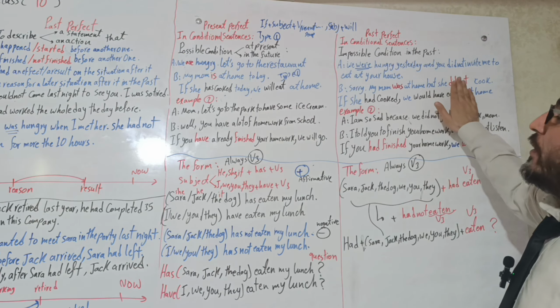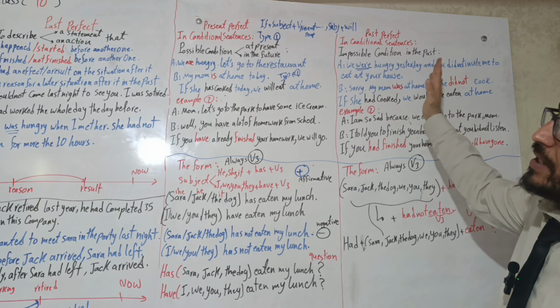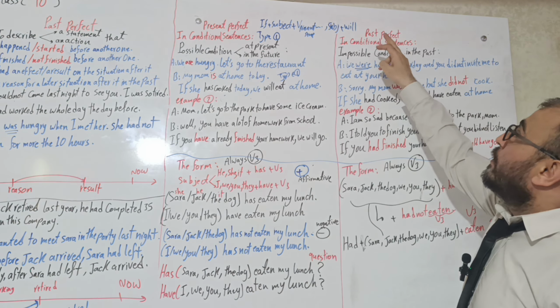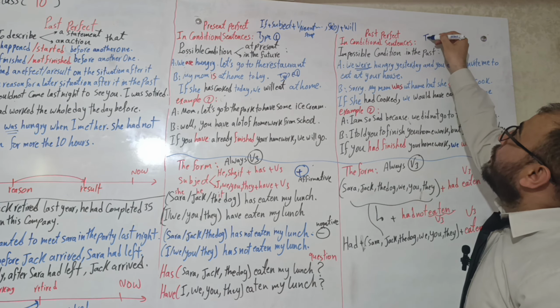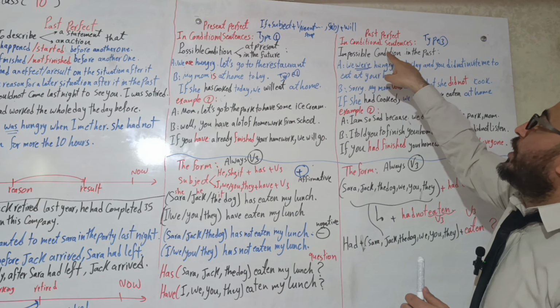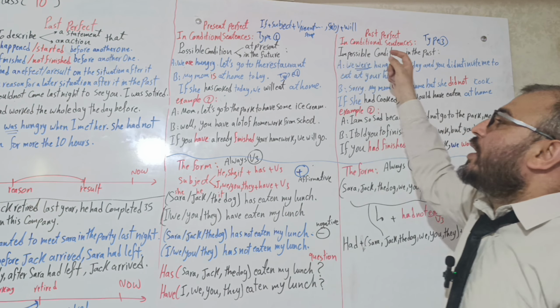On the other hand, my friends, as you see, past perfect is the past of present perfect. We use past perfect in conditional sentences type 3. Type 3 means impossible conditions in the past. Here possible, here impossible.